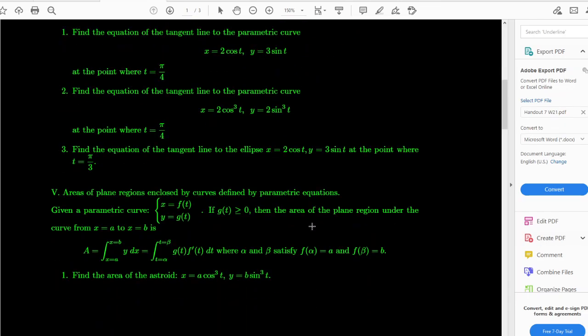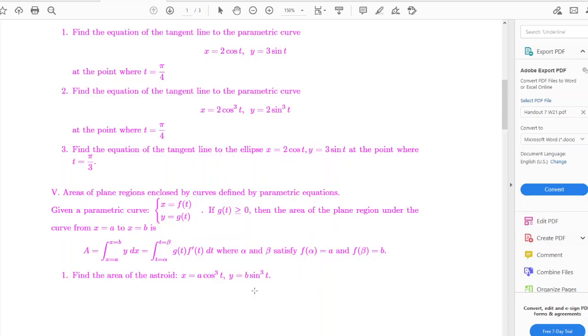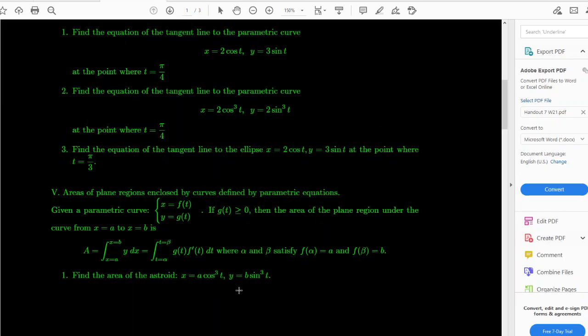Now we move on to part 5. In part 5, we are going to talk about the integration part, okay. For part 5, we are going to find the area of the asteroid, the weird asteroid. In this case, you imagine a value is 2, because I had a sketch of the asteroid when a value is 2.